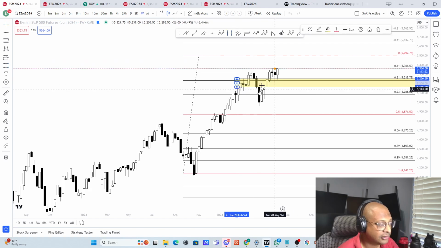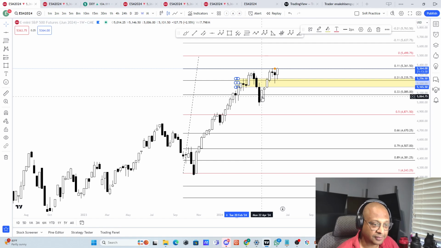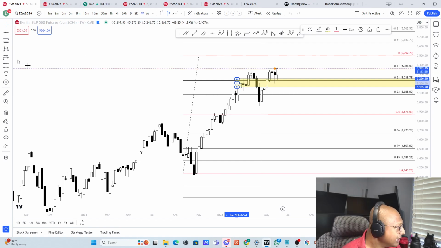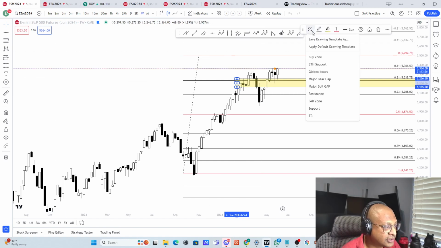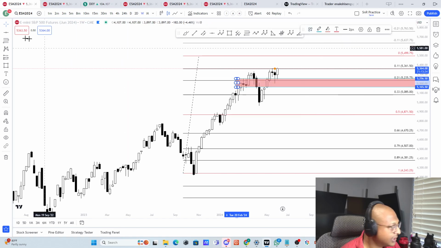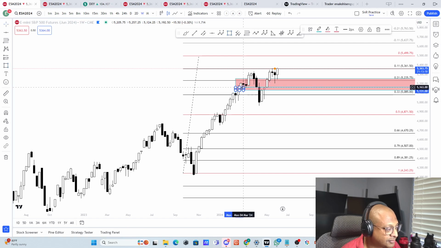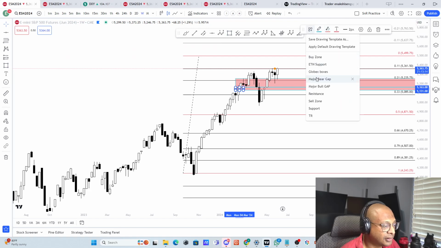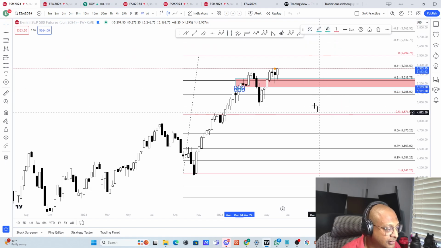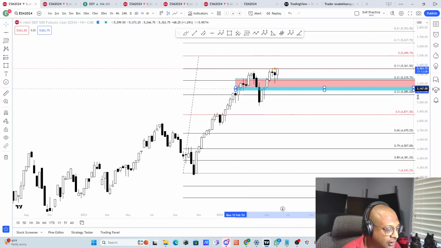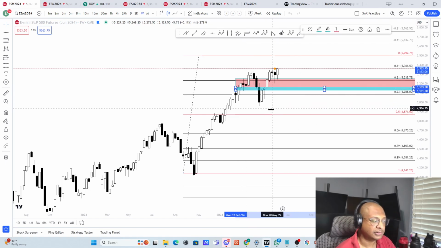You have your bear gap here, correct? Now, let me change the color of this major bear gap. Okay. Now, you created a bull gap here. You created a bull gap here, right?